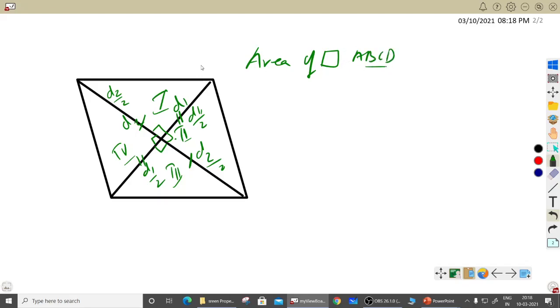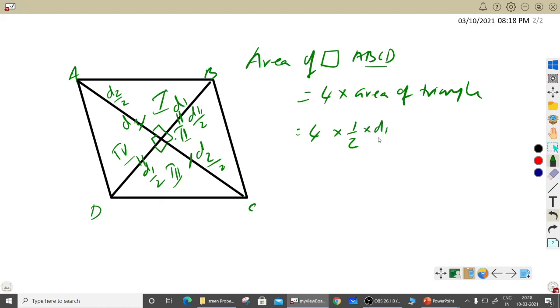Making it once again for you, the area is equal to 4 into the area of one triangle. Area of one triangle we should find out. 4 into area of one triangle is equal to 4 into half into D1 upon 2 into D2 upon 2. By solving we got D1 into D2 upon 2.